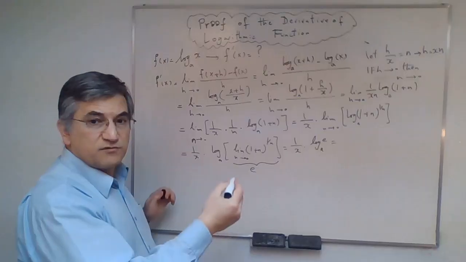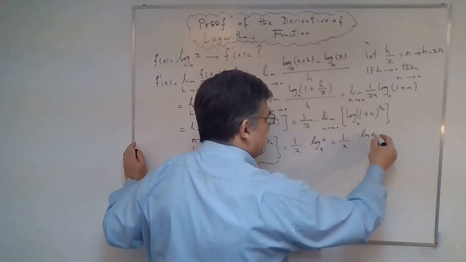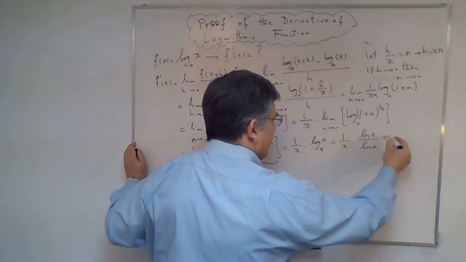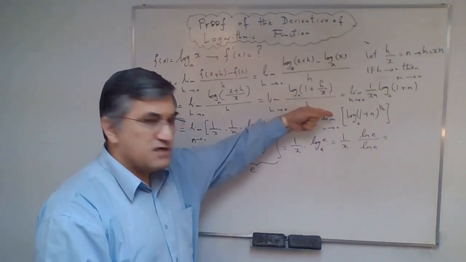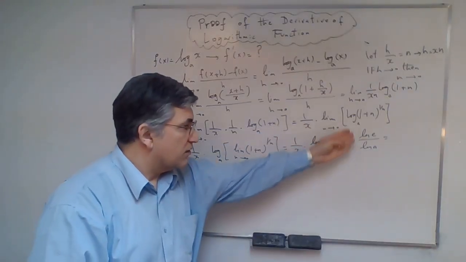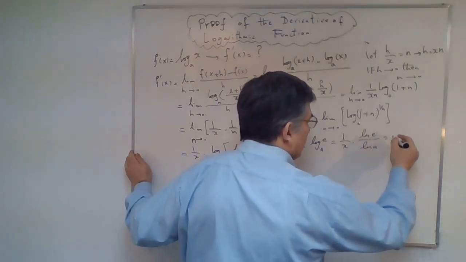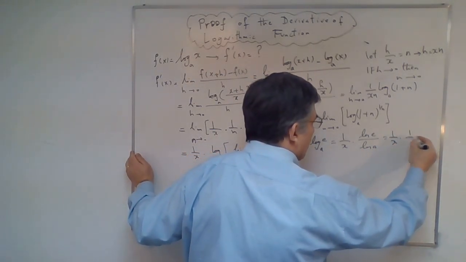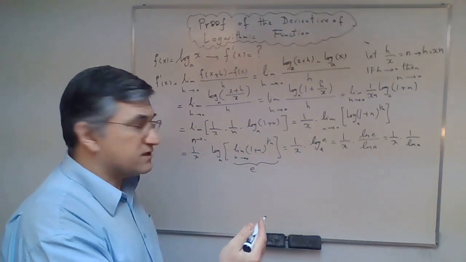And using change of base formula, we can say this is actually ln of e over ln of a. Log of e base a can be written as log of e base e over log of a base e. So ln of e over ln of a. But ln of e in the numerator is 1. So we have 1 over x times 1 over ln of a. And this is the final answer.